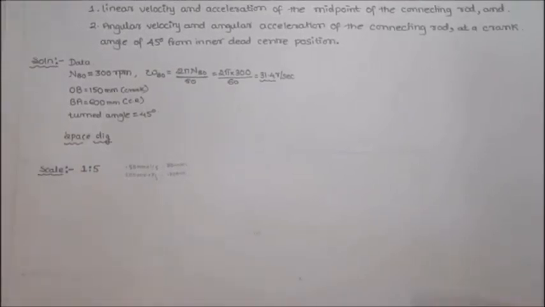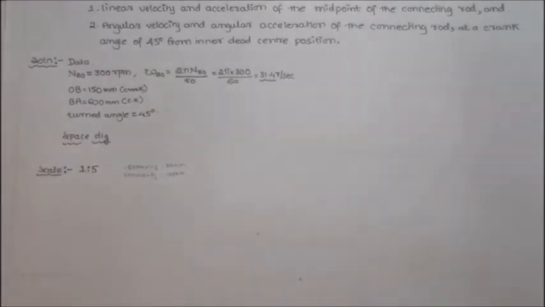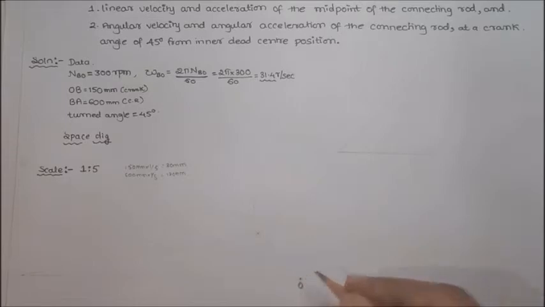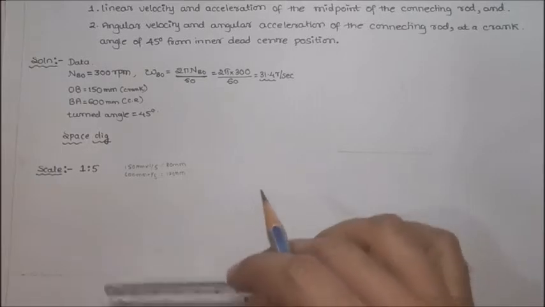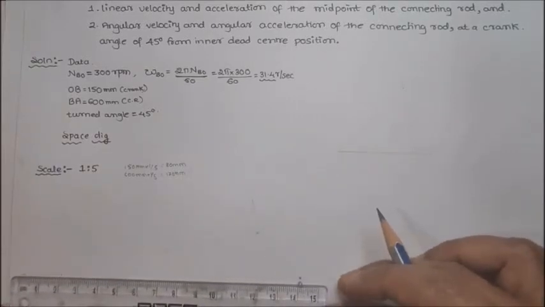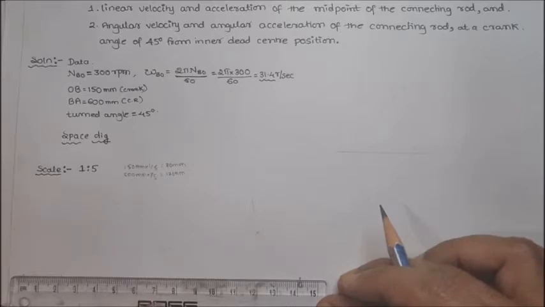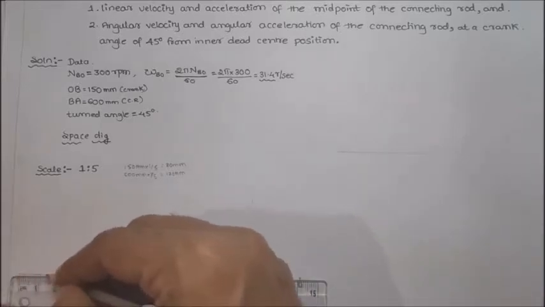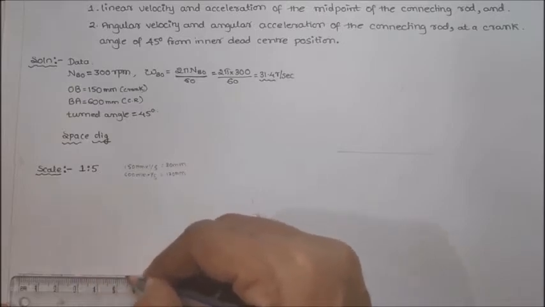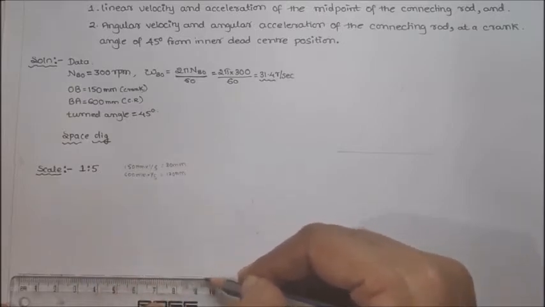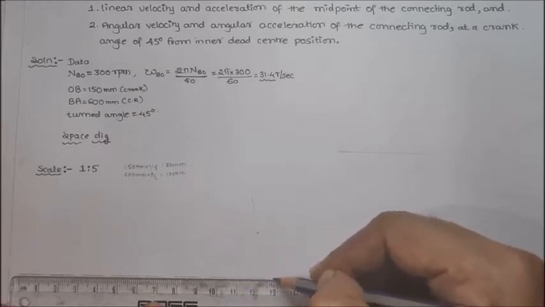We'll take one particular point and name it O, and from here the inner dead center angle is 45 degrees. So we'll draw a horizontal line, which will be the axis.